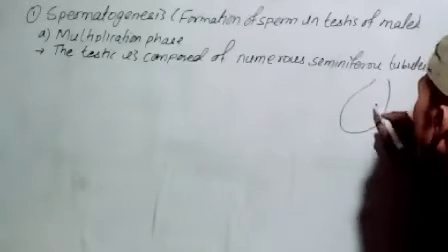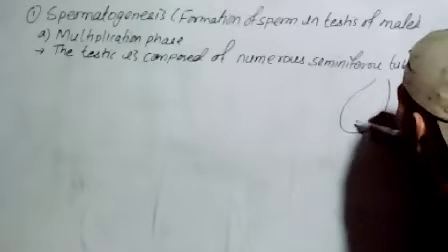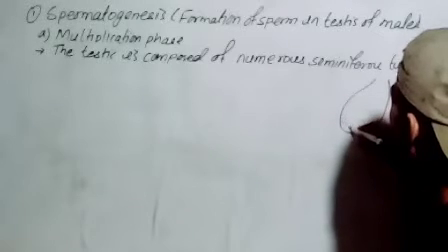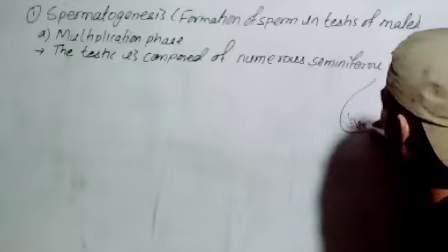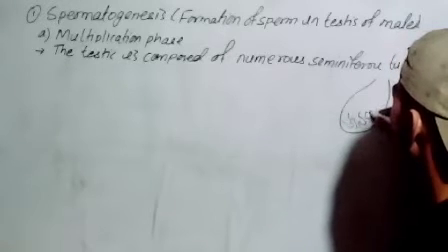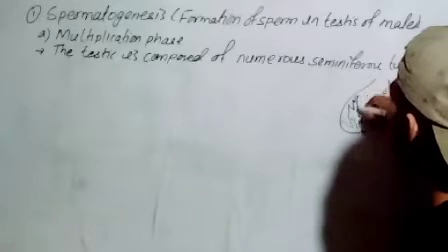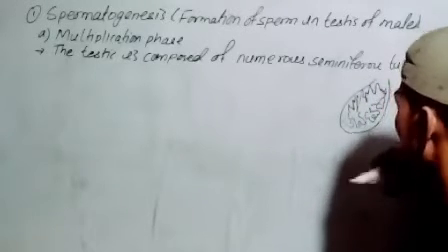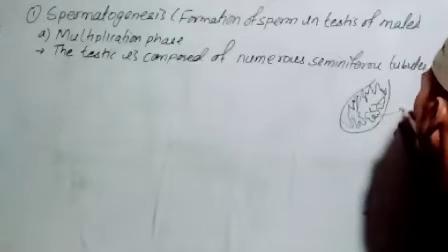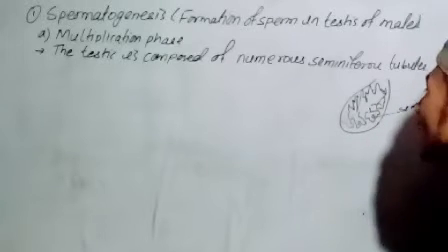On the inner side of the testis there are small coil-like structures.